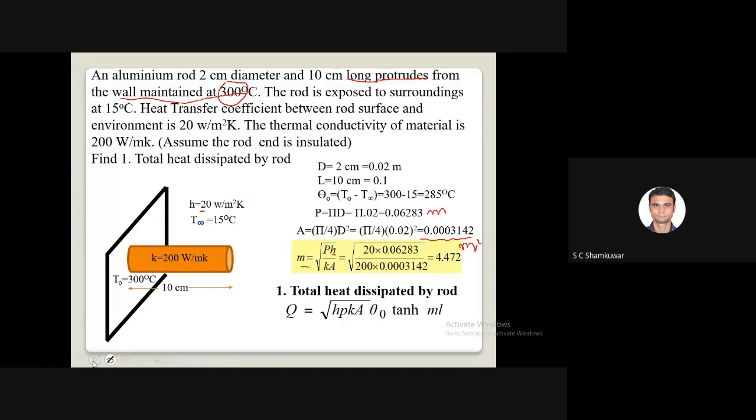Now tell me the value of Q. What will be Q?